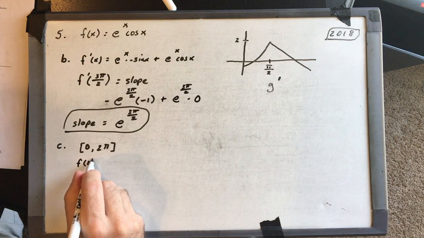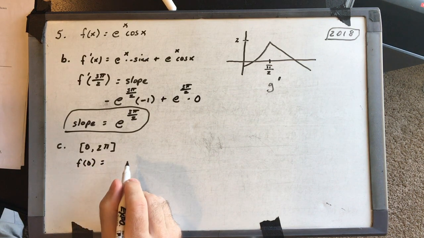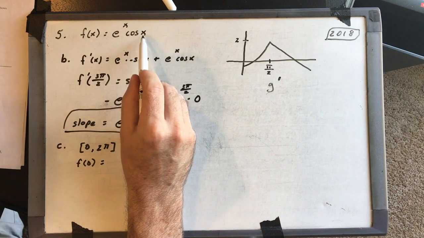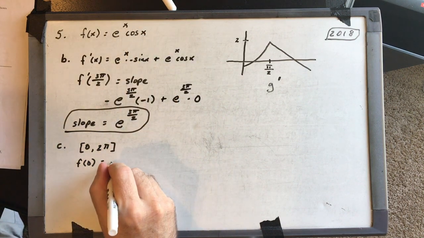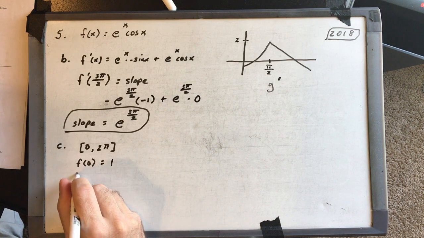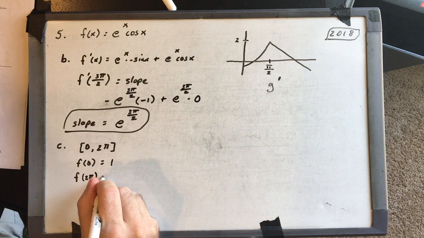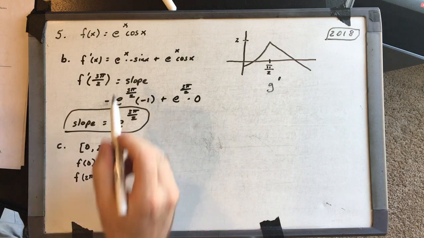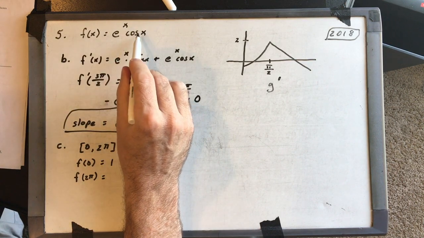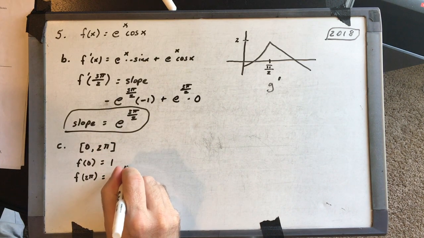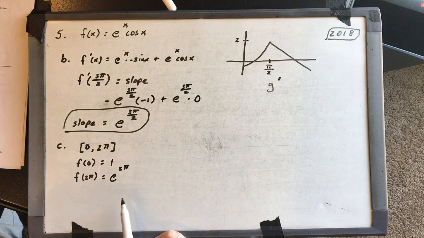We have to test that. All right, f of 0 is e to the 0, which is 1, times cosine of 0, which is 1, so that's going to be 1. The other endpoint, f of 2 pi, okay, that's going to be e to the 2 pi times the cosine of 2 pi, which is 1, so that's e to the 2 pi. So I've got those two.